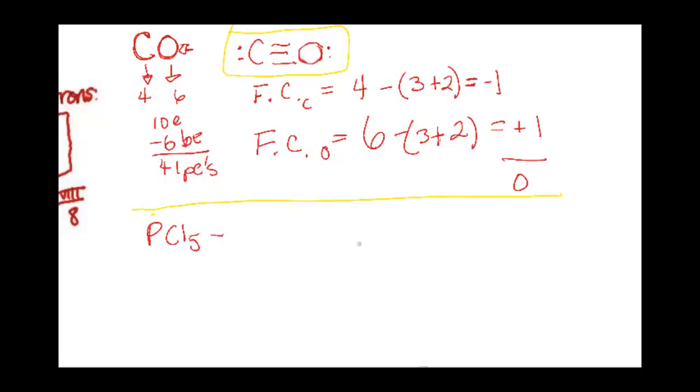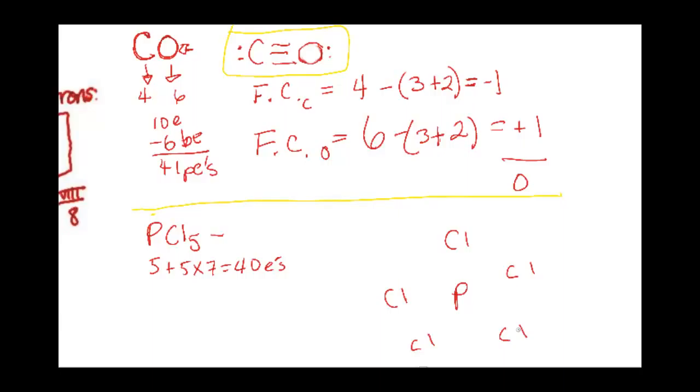And if we were to look at phosphorus, phosphorus is in the fifth column, and chlorine's a halogen, so we got 40 electrons to work with. So if I draw the skeleton structure, phosphorus would have to be central, and we would have to have chlorines around the phosphorus, some sort of array.